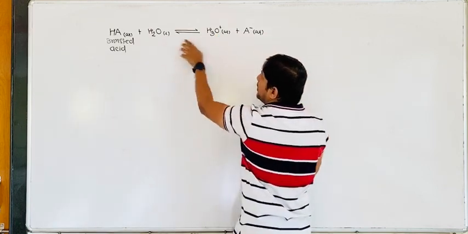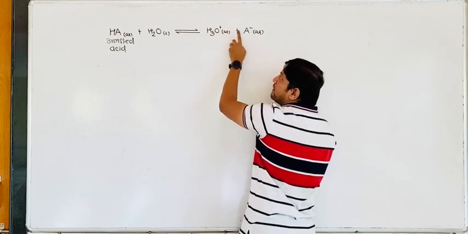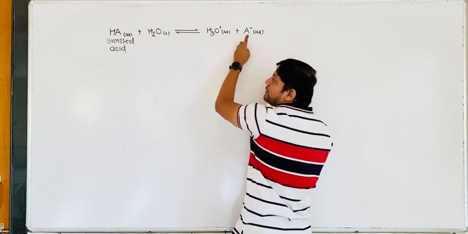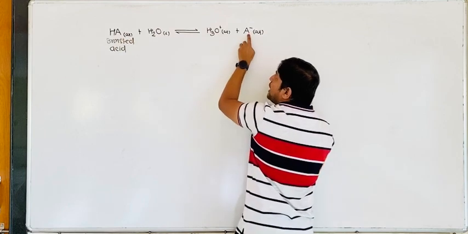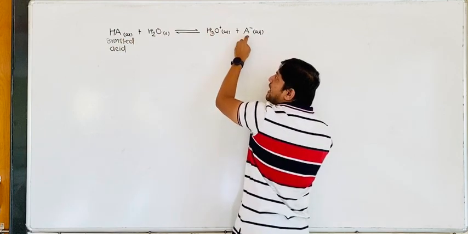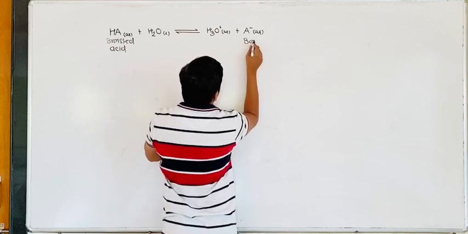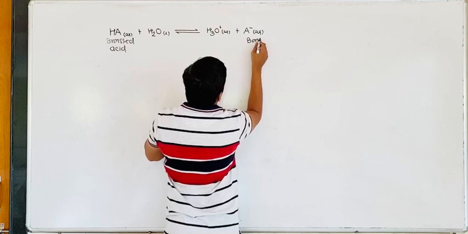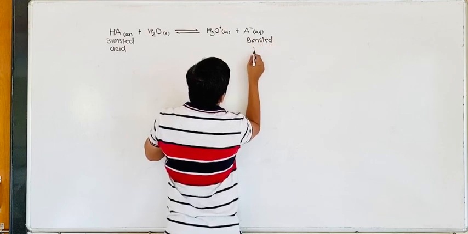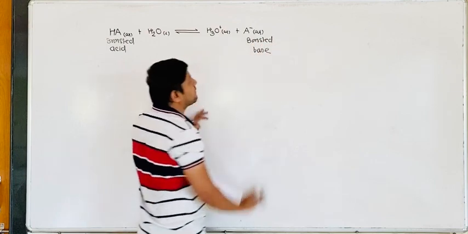If we look at the backward reaction, H3O plus donates H plus ion to A minus to form HA. That means A minus is an H plus acceptor, and an H plus acceptor is a Bronsted base.